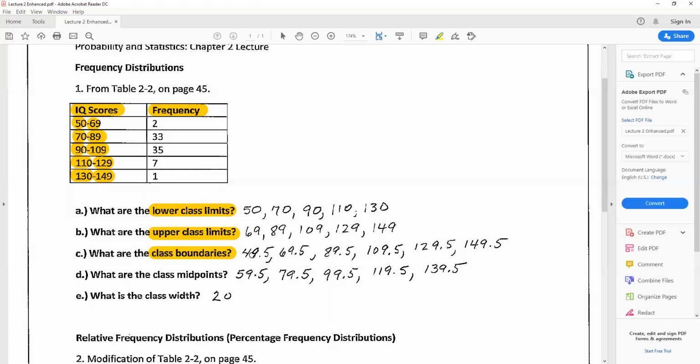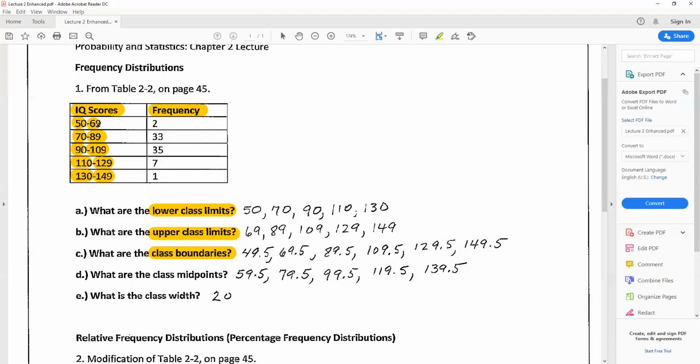For the first row, the lower boundary would actually be 49.5, because if someone scored 49.5, they would go into this top row, the 50 to 69 range. And if they had scored a 49.4, then we would probably have to create another row on top and put them in that row.